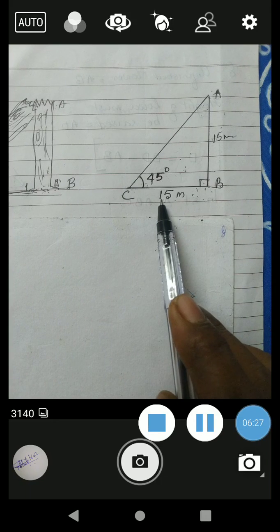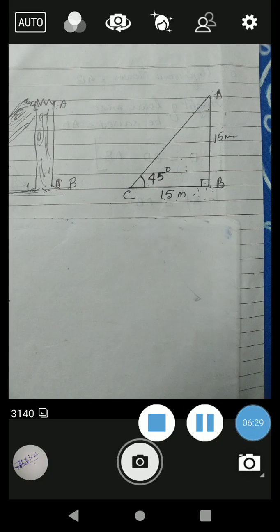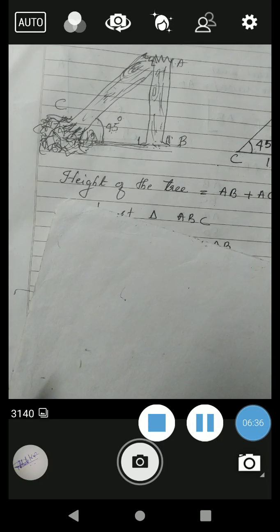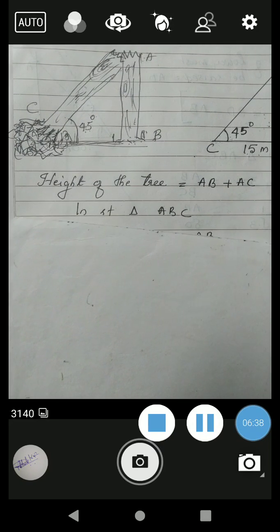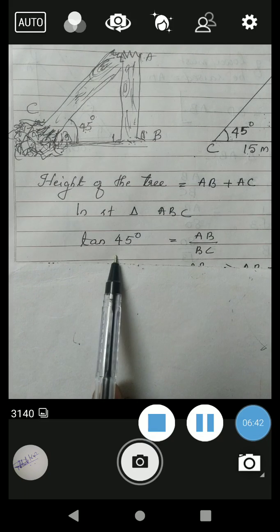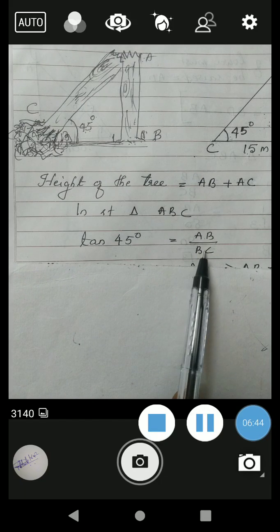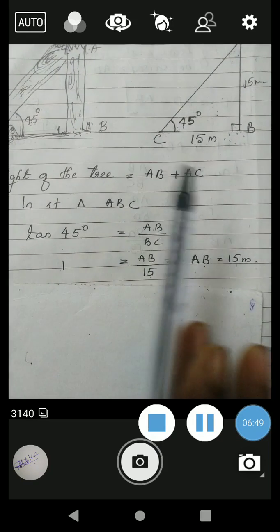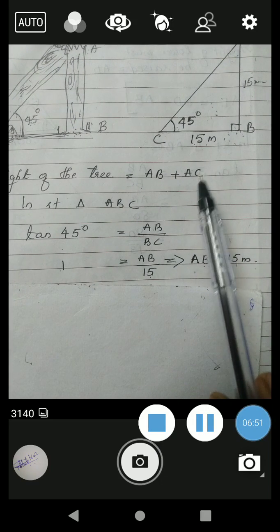That is already given. Now you can see one right triangle as usual. First we can write height of the tree is equal to AB plus AC. In right angled triangle ABC, tan 45 is equal to perpendicular by base and substitute values, or you can use isosceles property.